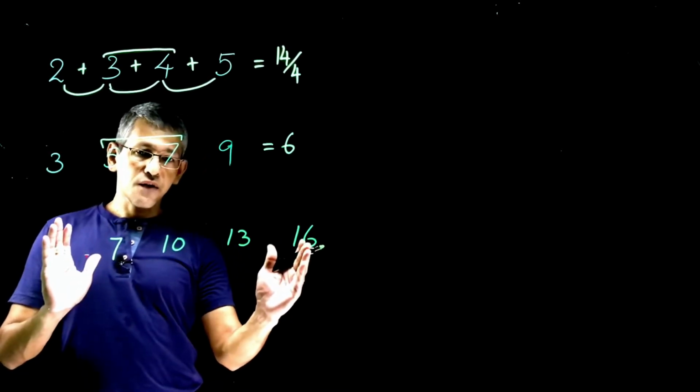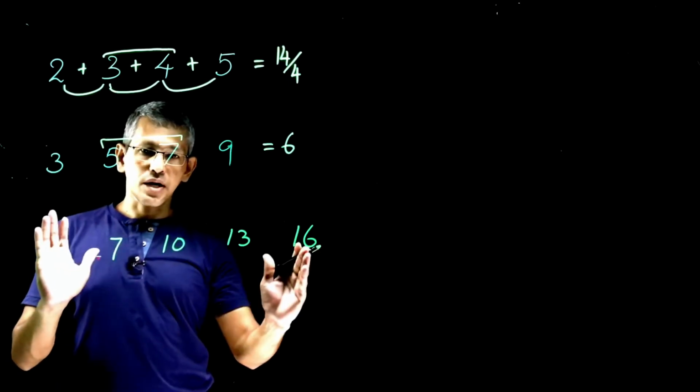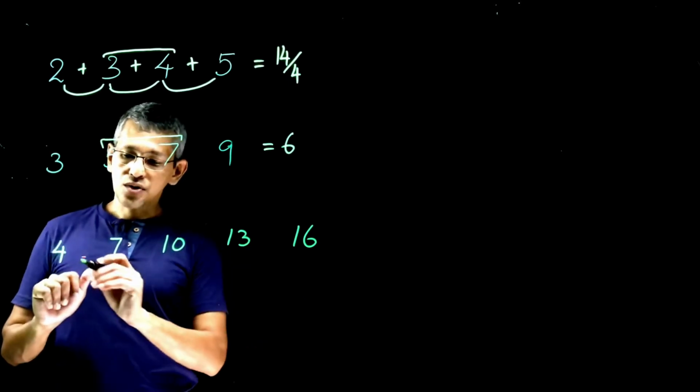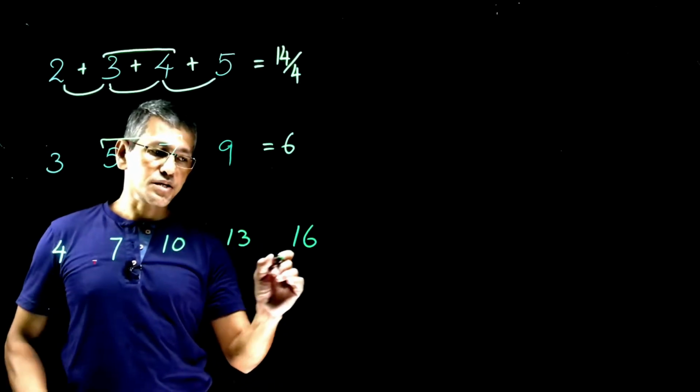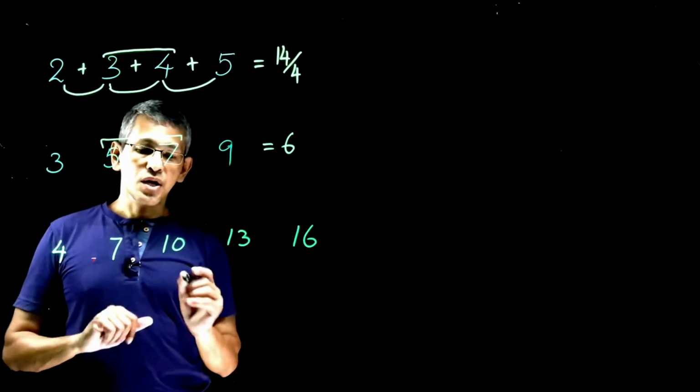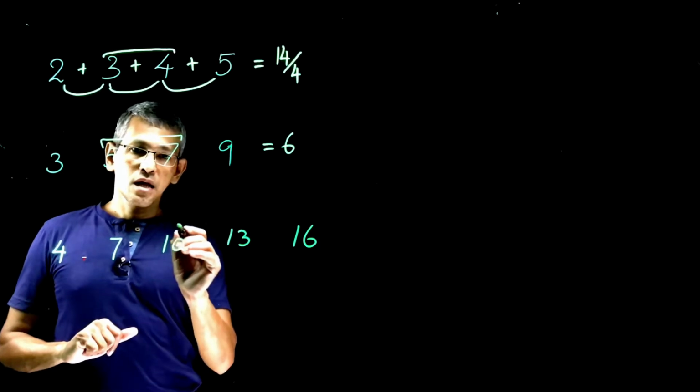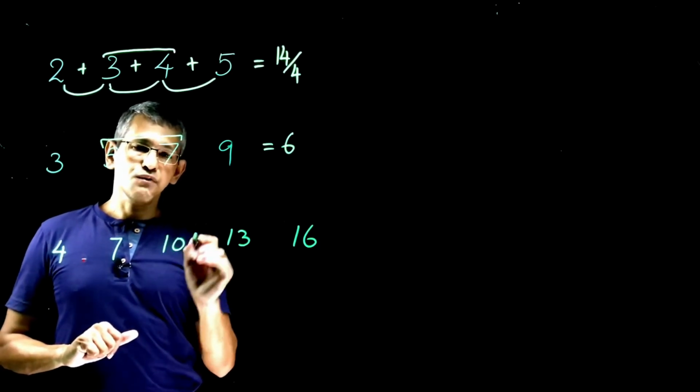In this case we have 5 numbers. It's an odd number, right? 4 plus 3 is 7, 7 plus 3 is 10, 10 plus 3 is 13, 13 plus 3 is 16. So there is an equal difference, and the average would be the number in the middle. So 10 would be the average.